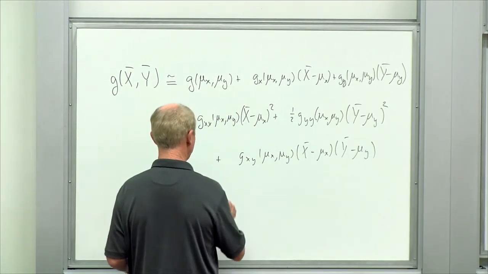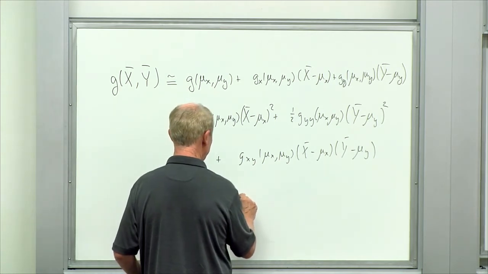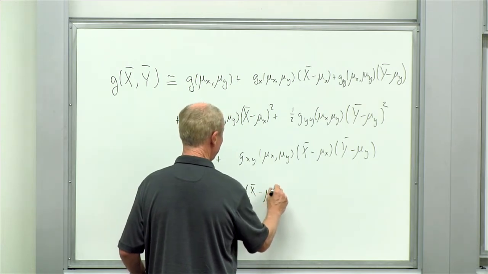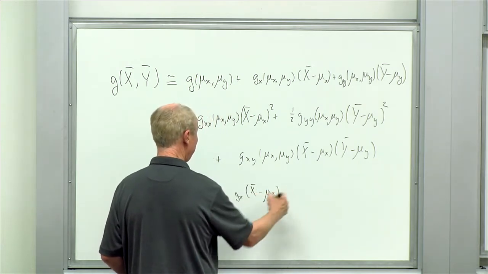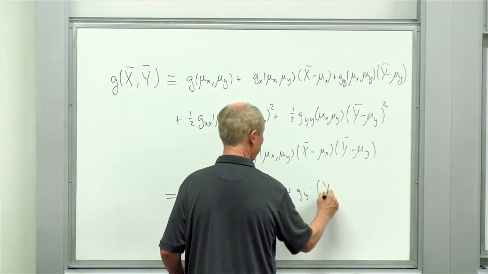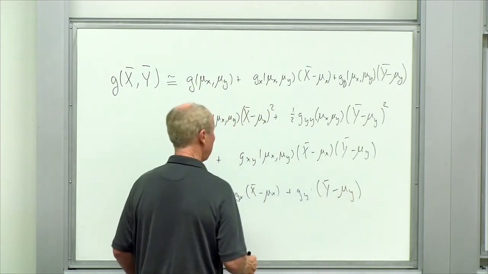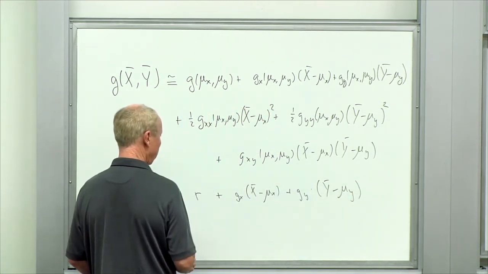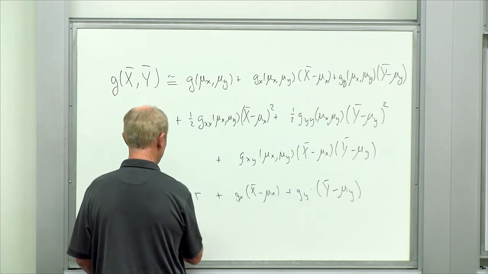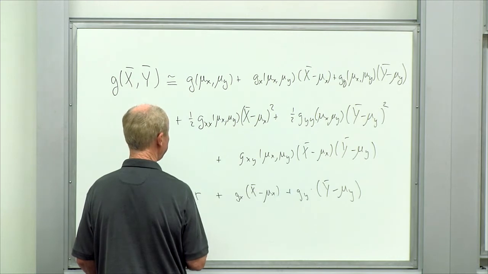Then we get, let me just write it as g sub x times x bar minus mu x. I don't care what this is because when I take the expected value, it'll vanish. And so plus what? This is 2y over x cubed, right?